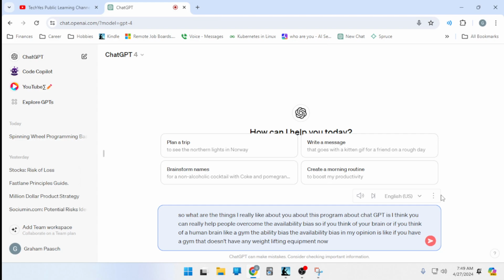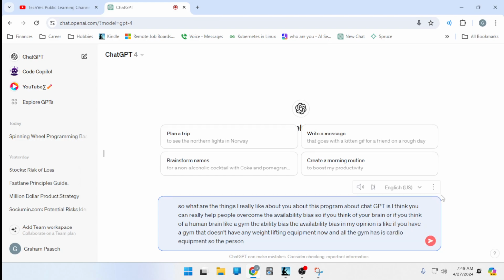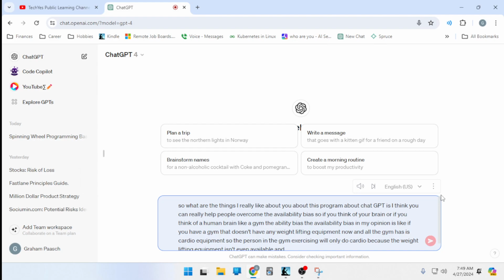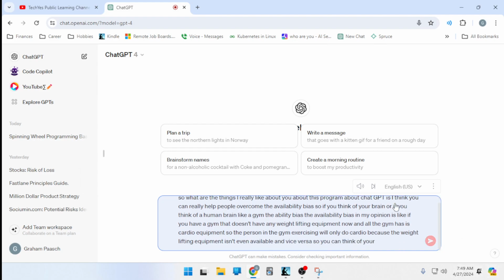All the gym has is cardio equipment, so the person exercising will only do cardio because the weightlifting equipment isn't even available, and vice versa. So you can think of your brain that way.